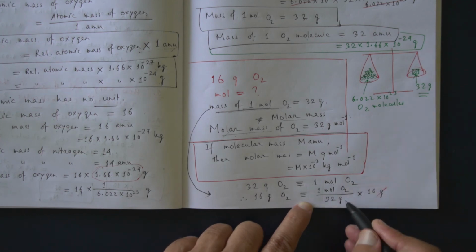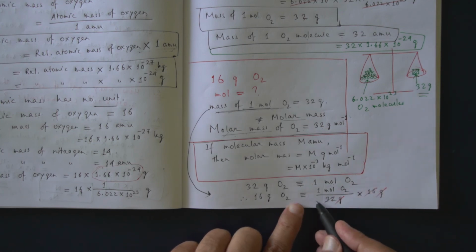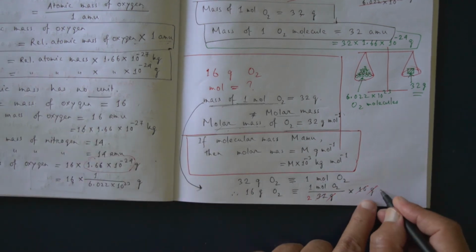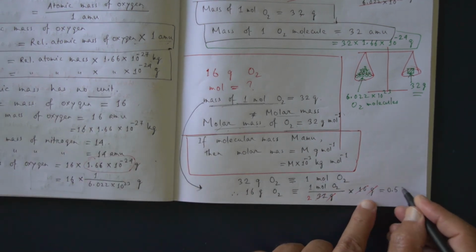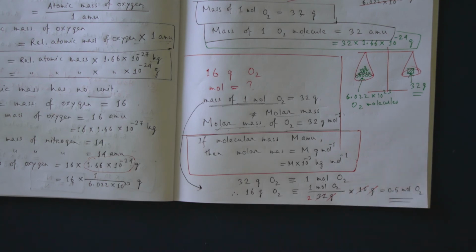So gram cancels. So 16 by 32, that is half mole, that means 0.5 mole O2. 0.5 mole O2. Okay.